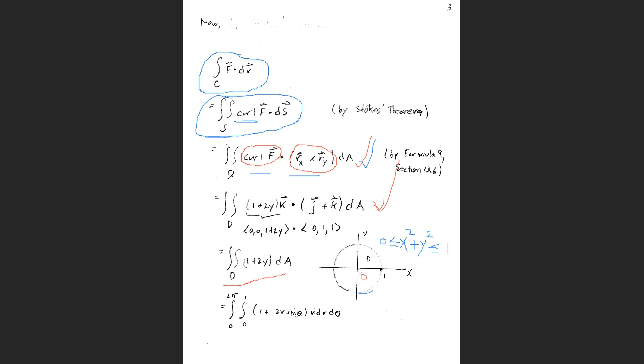So for dA, I replace dA with r dr d theta. And y is equal to r sine theta. The r limits go from 0 to 1. Theta goes from 0 to 2 pi. Okay, and so now that we've done that, it's just a double integral problem. I'm going to integrate with respect to r first.